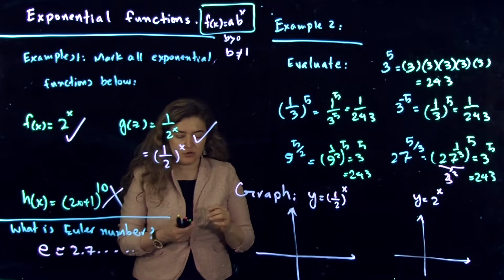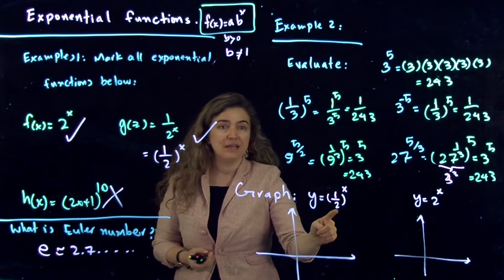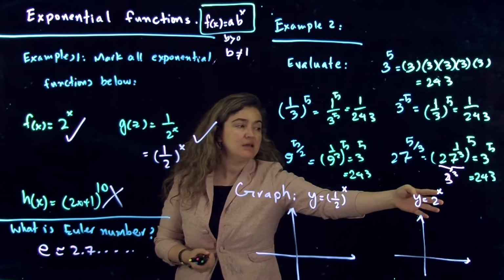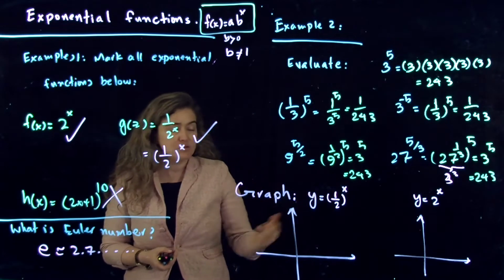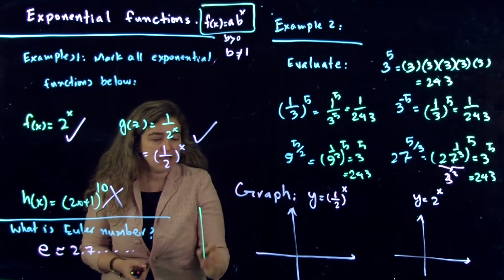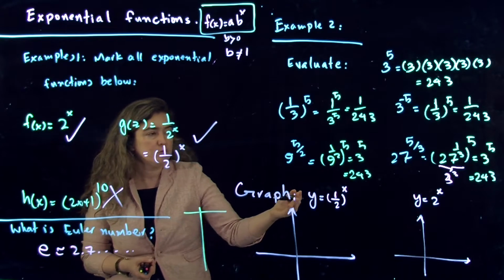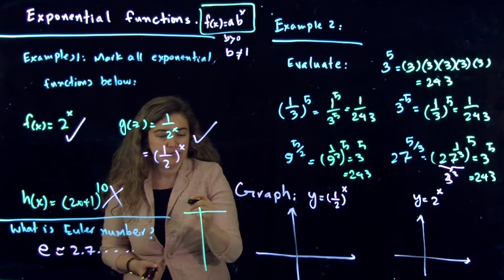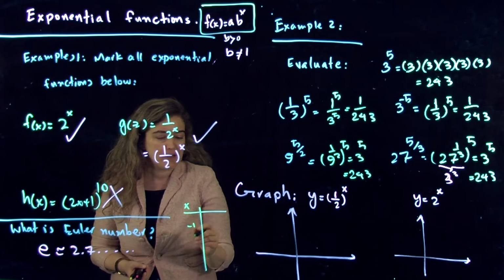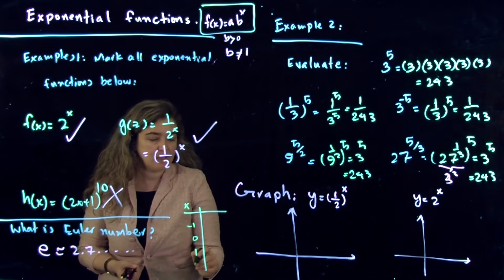Now let's try to graph, first of all, y equals 1/2 to the power x, and then y equals 2 to the power x. I need a few points. Let's plug in x values -1, 0, 1, and then maybe 2.